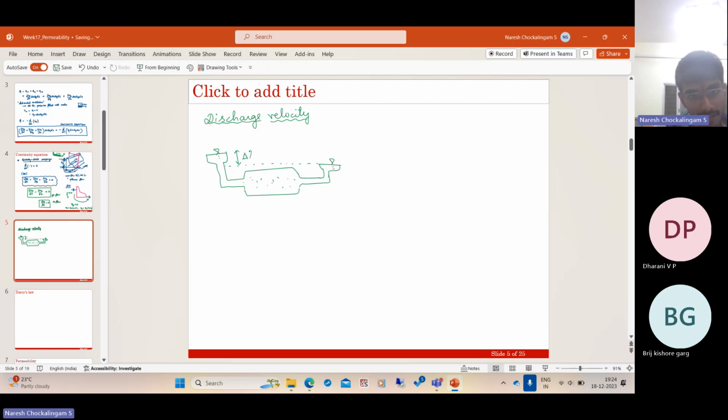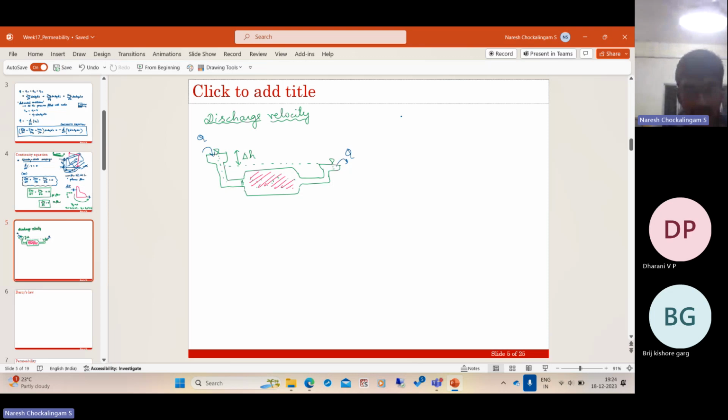Let us call this delta H. And let us assume all the pipe is frictionless. So only the pink portion is soil. And let us suppose there is a constant flow rate Q in and out. So there's a constant flow rate that is maintained, and this head difference is also maintained.